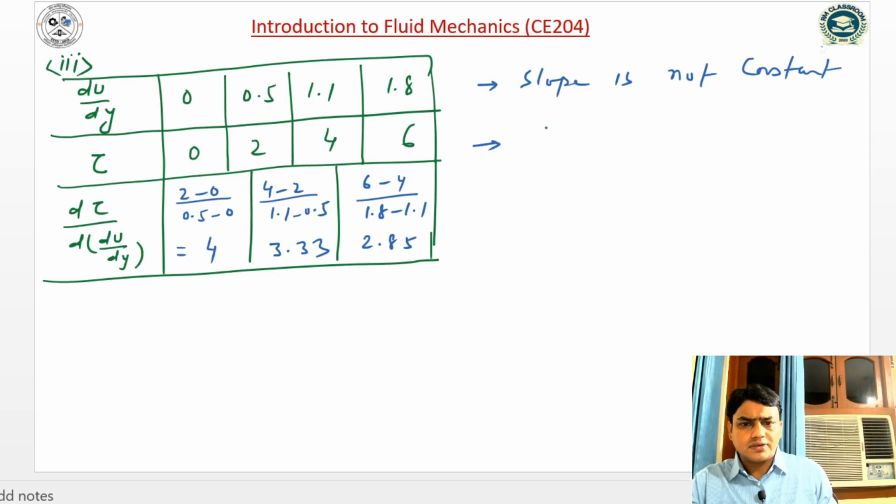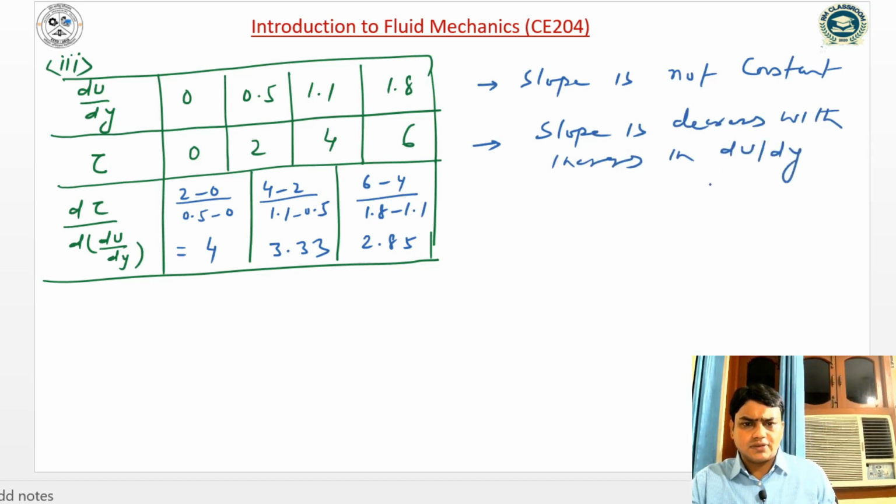Here we can write, slope decreases with increase in du by dy. When du by dy is 0, the shear stress is also 0.